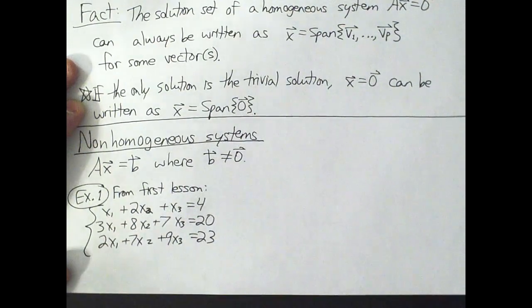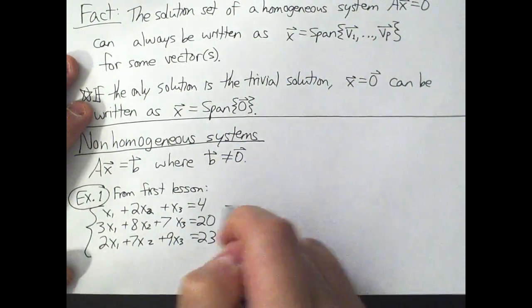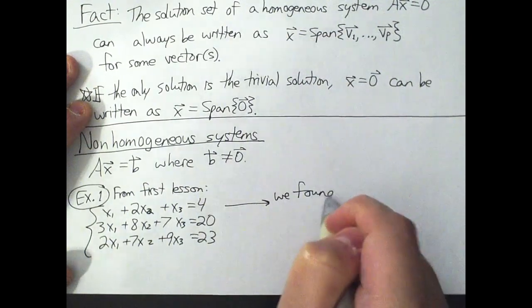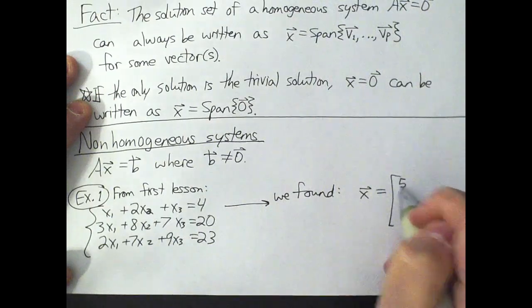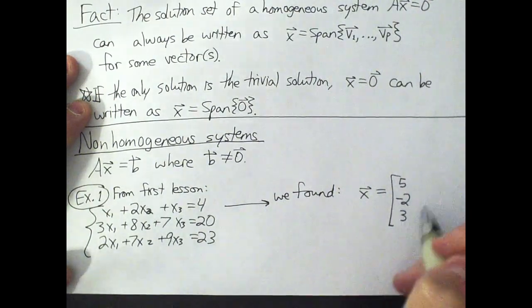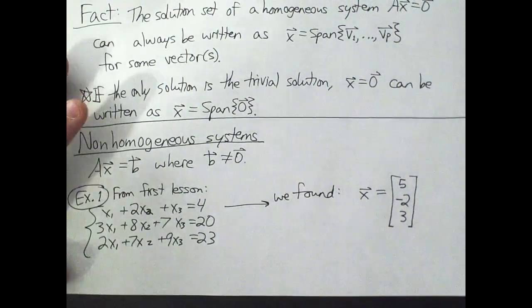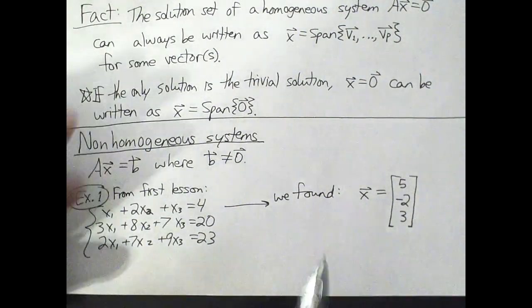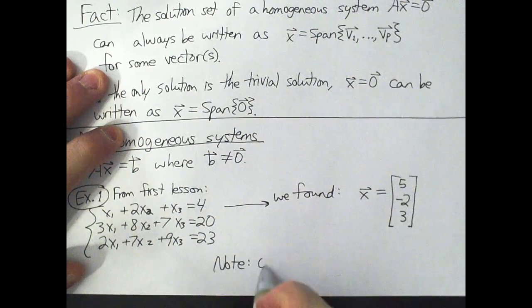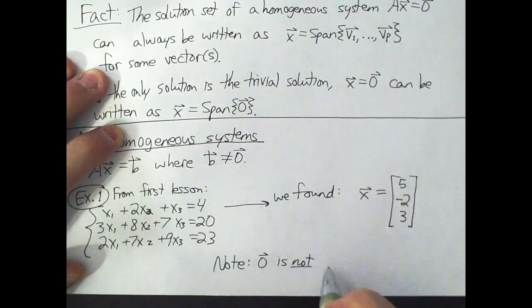All right, if that looks familiar to you, I think that we have seen that. And we found that x equals, we had a unique solution. I'm now writing it as a column vector. I think that when we found it back then, we probably wrote it as coordinates. Right now, at this point in the course, we're more interested in thinking of things in terms of column vectors. So this has one unique, non-trivial solution. Also going to say, note, 0 is not a solution.